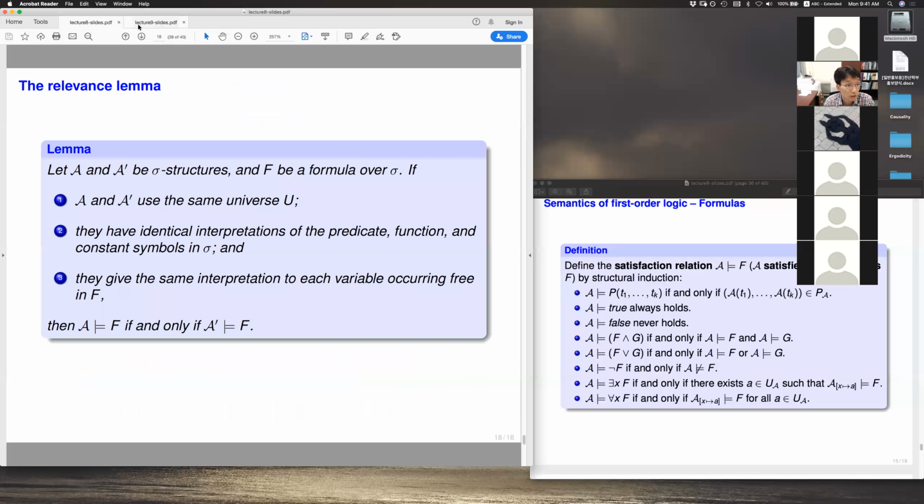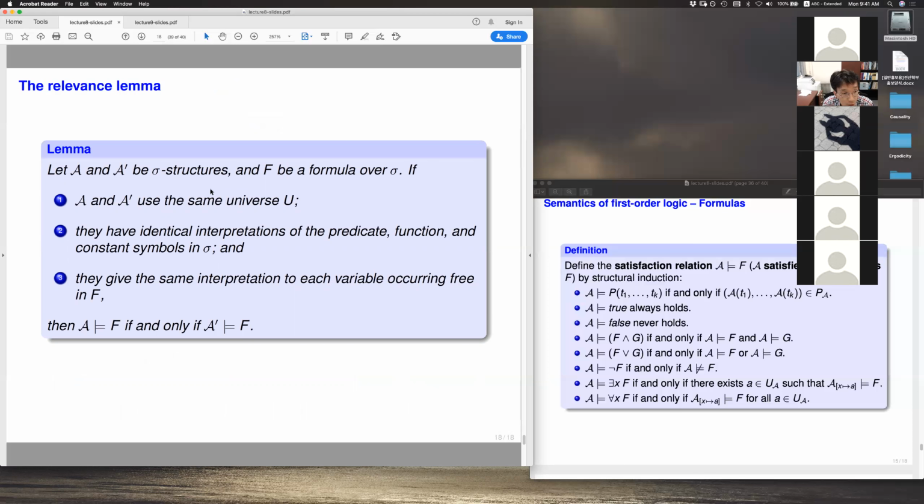Okay, see the next theorem. Here is the final part of this lecture, and this final part is called the Relevance Lemma. So we're going to look at the Relevance Lemma and then the Substitution Lemma next.